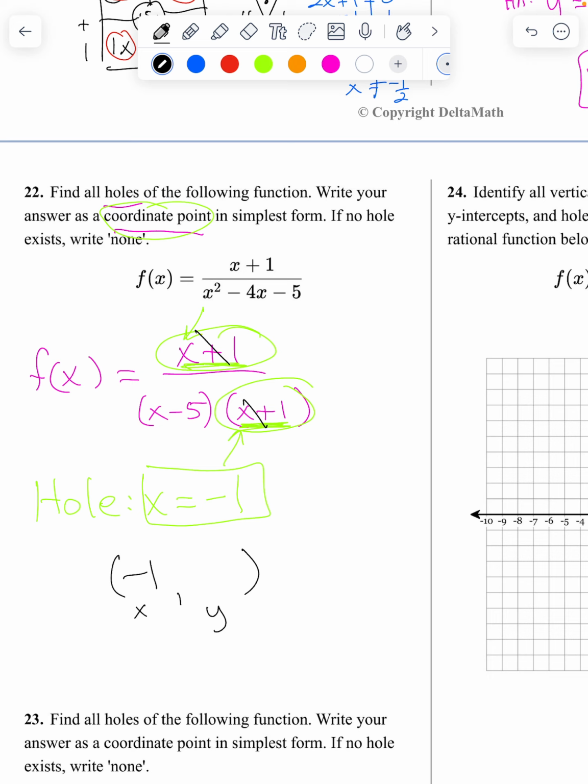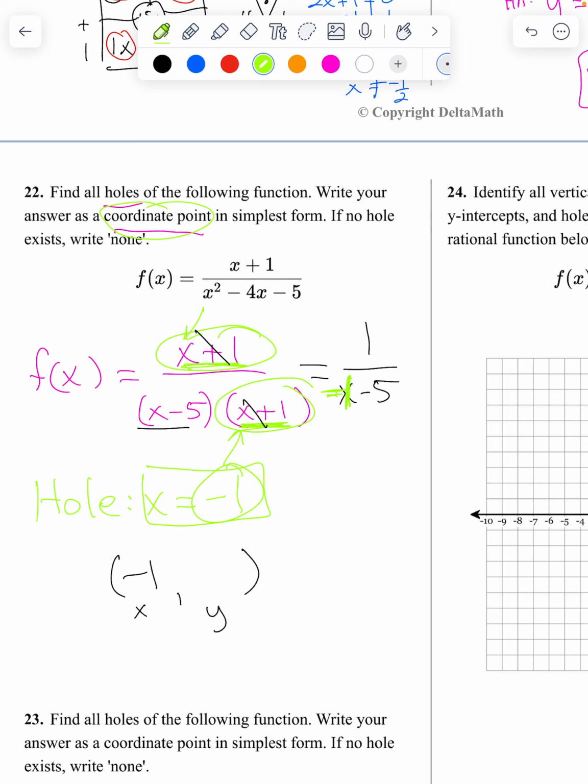Now, a lot of people say when they cancel it out, they think that there's nothing there. It really divides and turns into the number 1. It doesn't disappear. I mean, anything over itself is 1, so that's where that comes from. And then there's still this x minus 5 part. To figure what the y coordinate is, you just replace x with -1, because that's the value that we want in there.